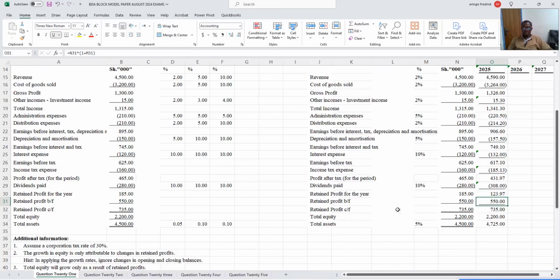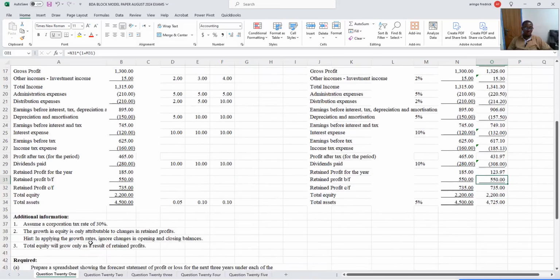Our retained profit brought forward, we are going to assume, given that you're told we ignore changes in opening and closing balance, which this is an opening balance. So we ignore that, so that at this point I can determine our summation to be that.